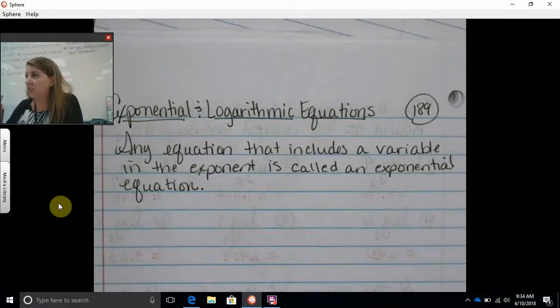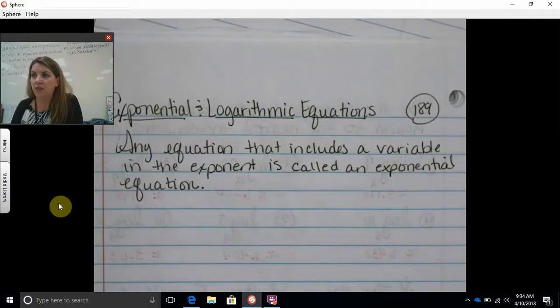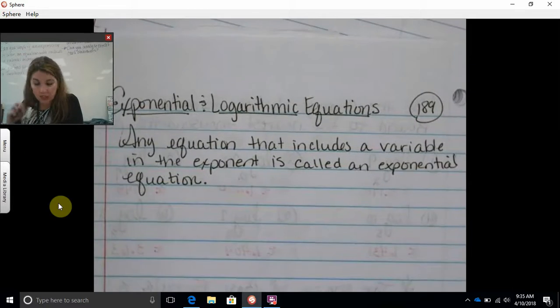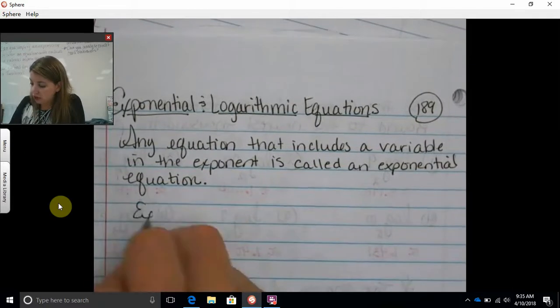It's when you switch the x and the y, then that's a logarithm, because the logarithm is the inverse of an exponential equation, okay?